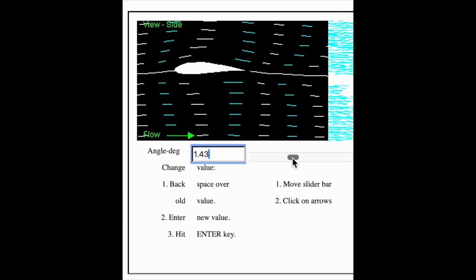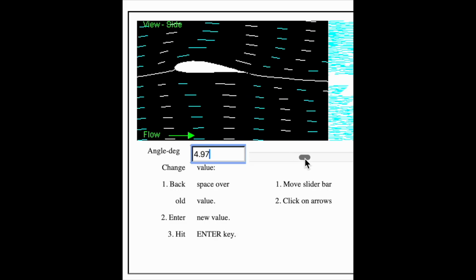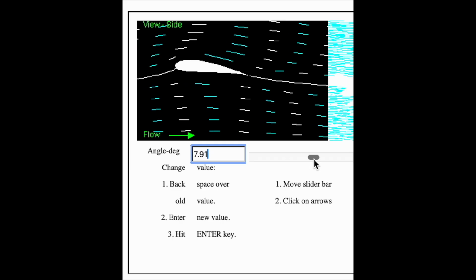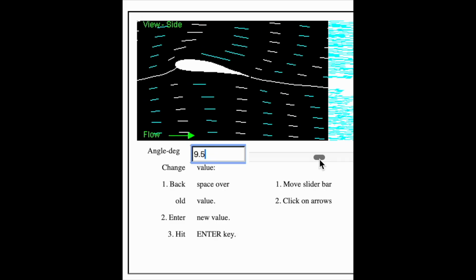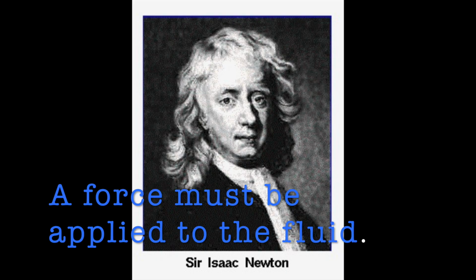The lift on the body is simple. It's a reaction of the solid body to the turning of a moving fluid. The turning implies acceleration, change in vector velocity, of the fluid. So the force must be applied to the fluid, Newton's first law.